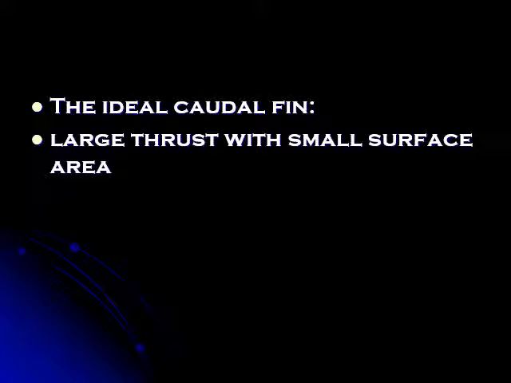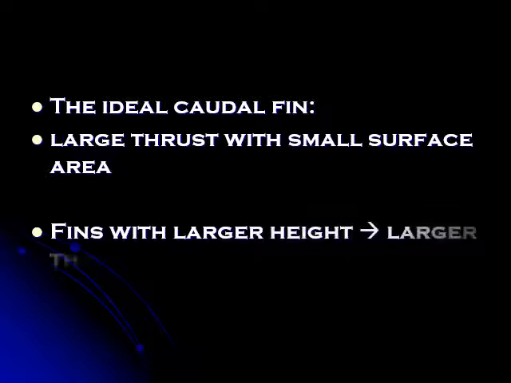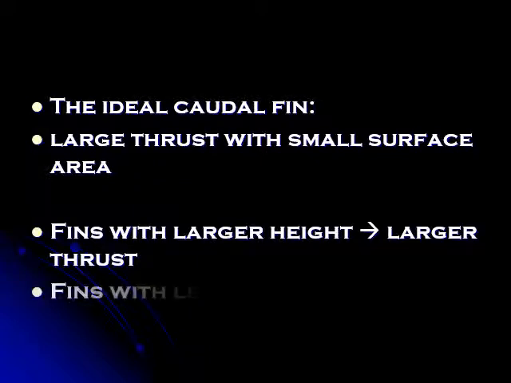So the ideal caudal fin, we want to have large thrust with a small surface area. Fins with larger height are going to give you a larger thrust. That's going to be a stronger fish, like tuna, for example.